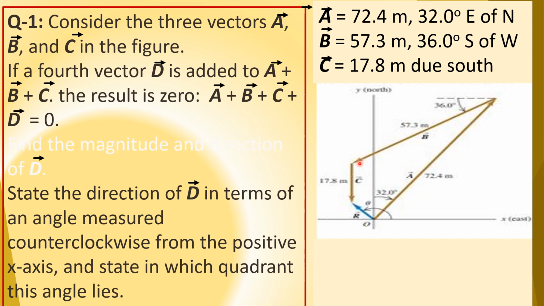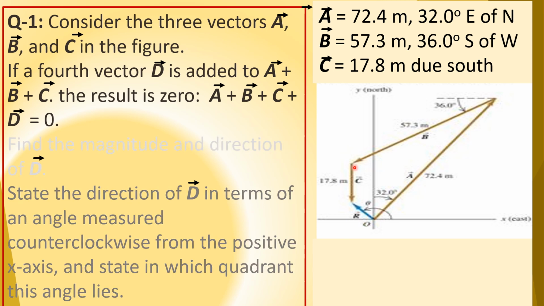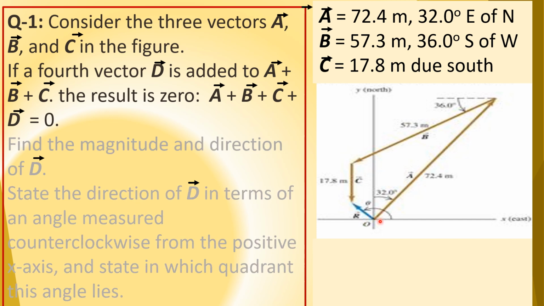And finally, we draw the tail of vector C to the head of vector B. Vector C has a magnitude of 17.8 meters. Its direction is due south. The sum of these three vectors is denoted by this green arrow.